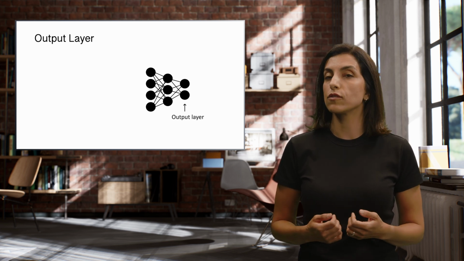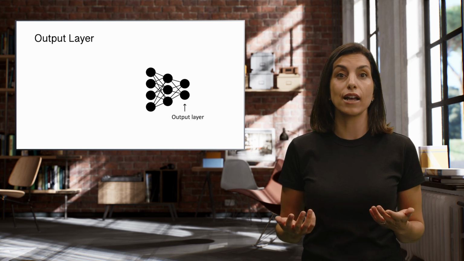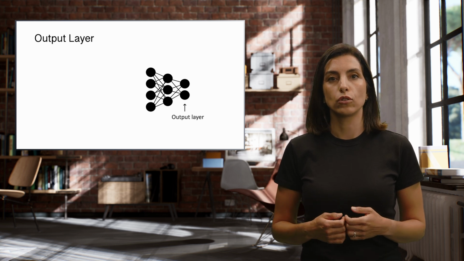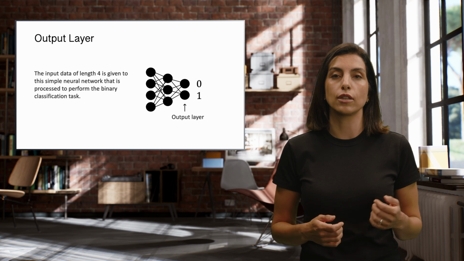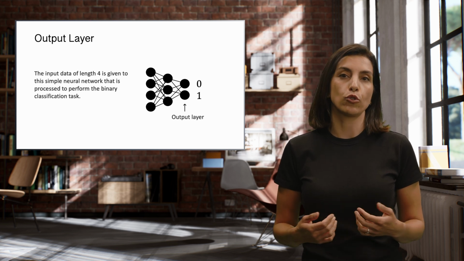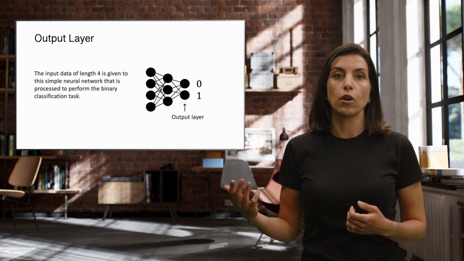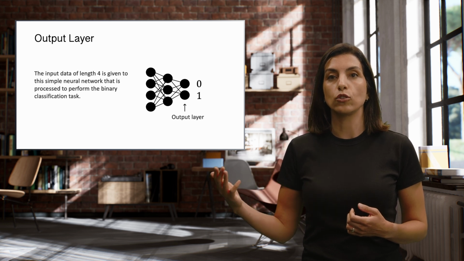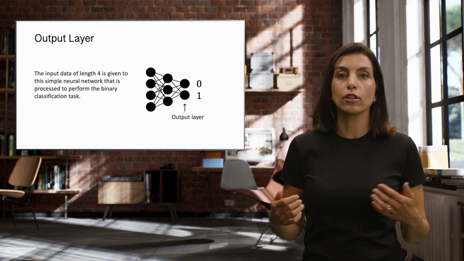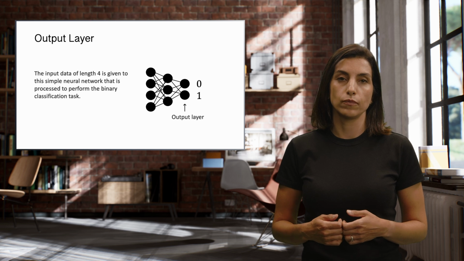This could be the classification layer that outputs the class for the given input. In the binary classification task, the output for the class where the input is assigned is 1, and the other class is outputted as 0.